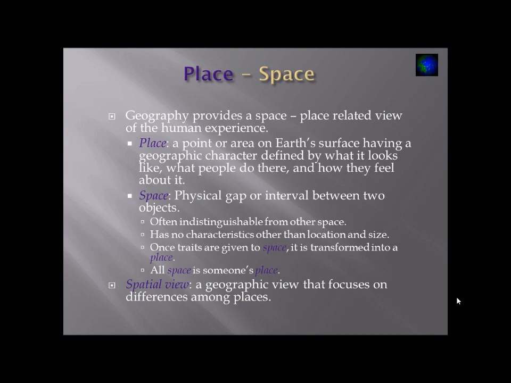Once traits are given to space, it transforms into a place. My favorite saying is all space is someone's place. So I would be very guarded about defining any point on the planet space, at least the ones that we occupy.